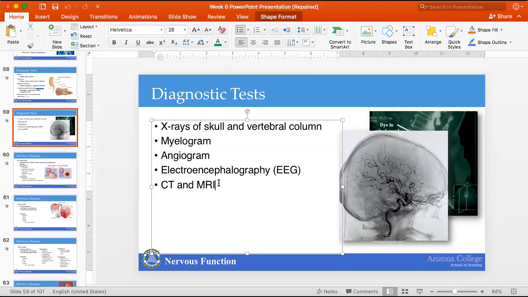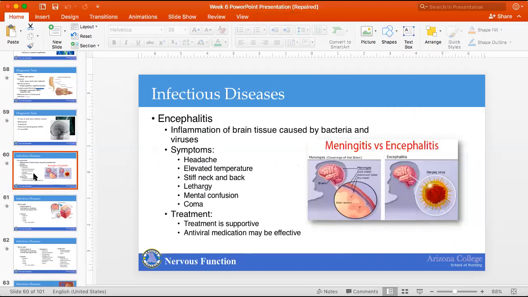Also, CT or MRI are useful for diagnosing what the problem is. Okay, so some infectious diseases. We have encephalitis, and encephalopathy is a very common problem, particularly with those who are aging. Encephalitis is inflammation of the brain tissue caused by bacteria or a virus.